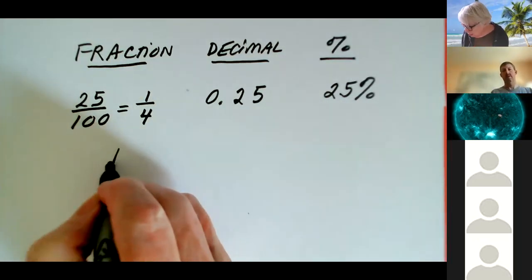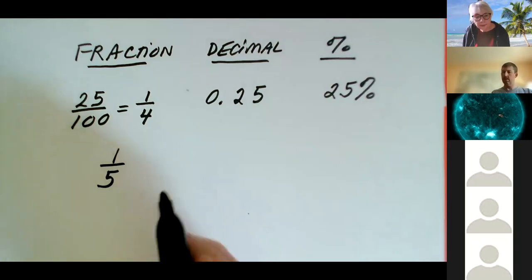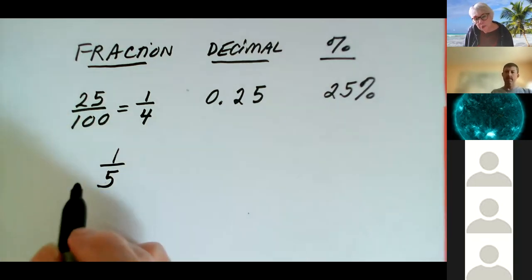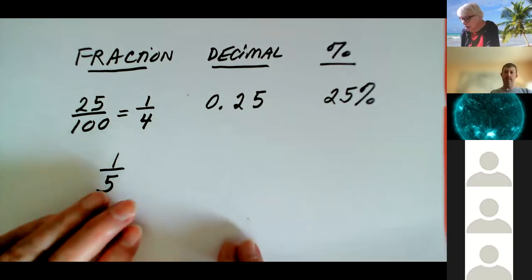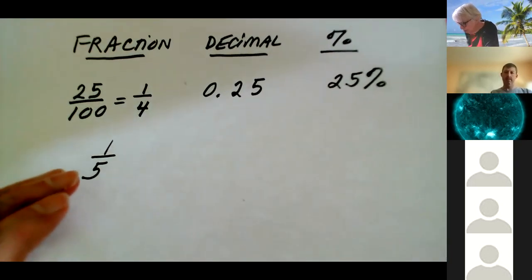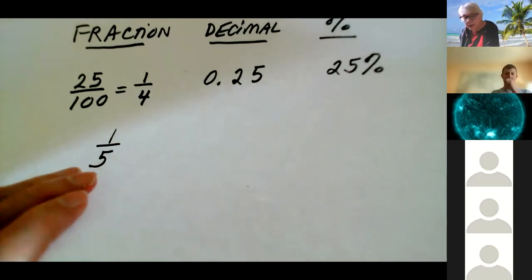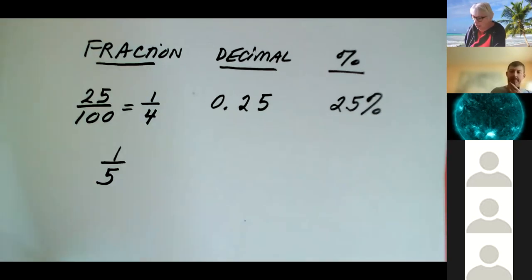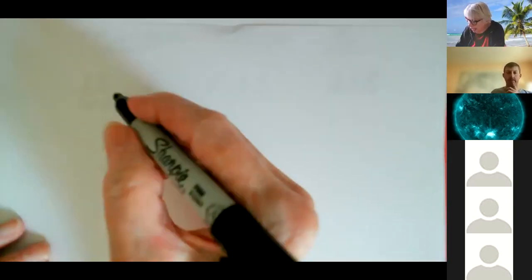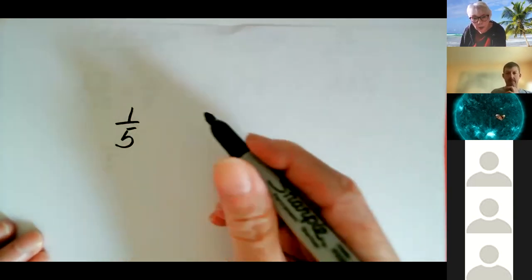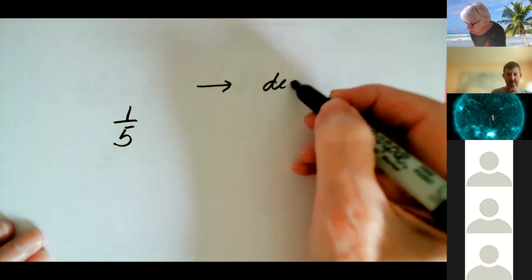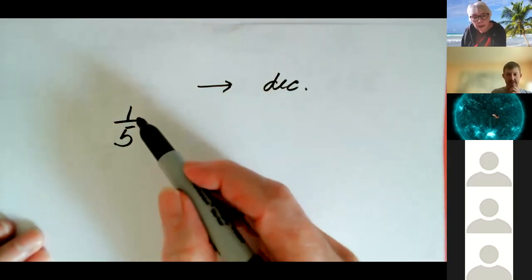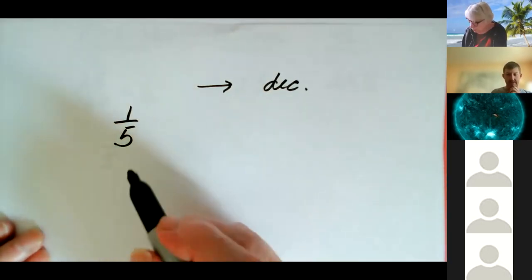Let me do a different one. Here's 1/5. Now the decimal may be obvious to you and it may not. So let's say it's not. So this is going back to something we've done in the past. If you had a fraction 1/5 and you needed to take it into a decimal, this is 1 divided by 5.